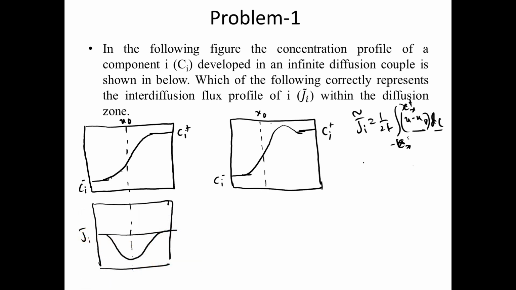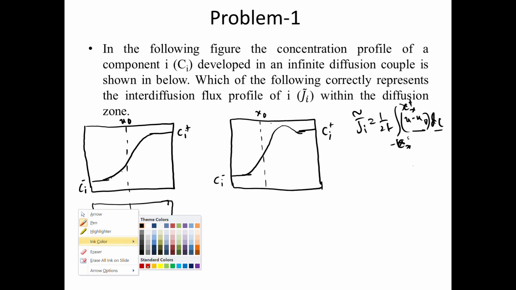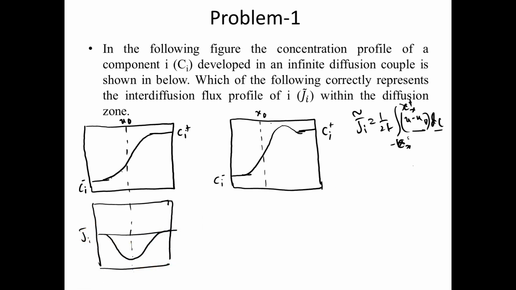See, x minus x naught is negative because x here is lesser than the x naught value. Then dc, final minus initial, is a positive value.